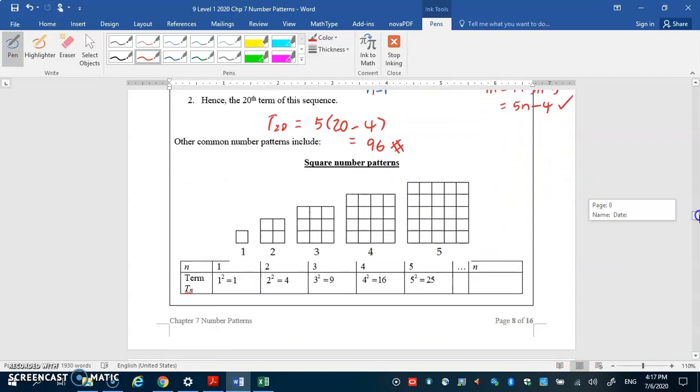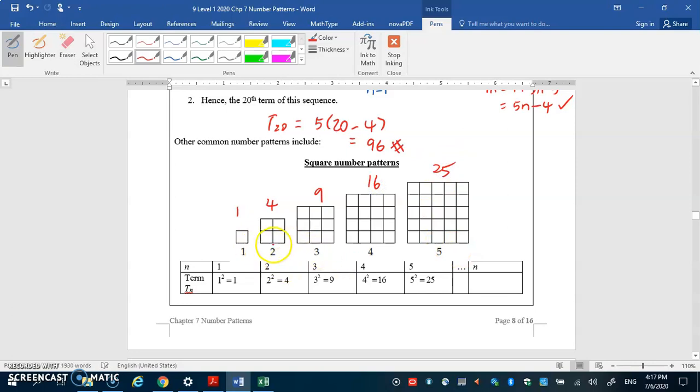Let's look at the second question, which has got to do with square numbers. Okay, so in the first square, T1 has 1 square, T2 has 4 squares, T3 has 9 squares, T4 has 16 squares, T5 has 25 squares. This one is easy.